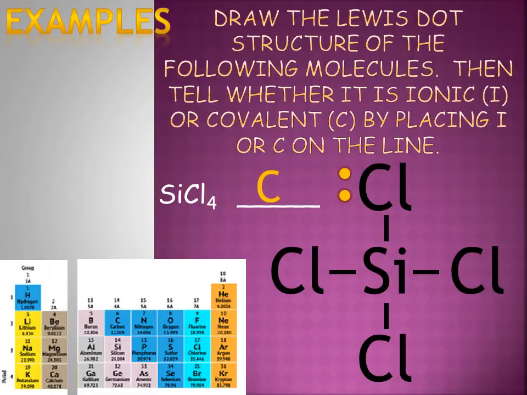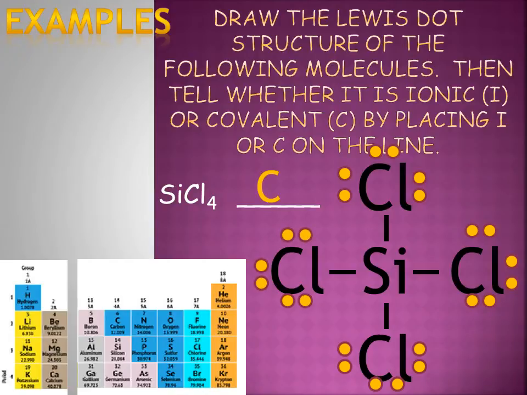So let's go ahead and put them on there. 1, 2, 3, 4, 5, 6, and the 7th one is on that line. Okay, so there's a lot of dots. So our silicon tetrachloride is finished. We know it's covalent because they're both nonmetals.